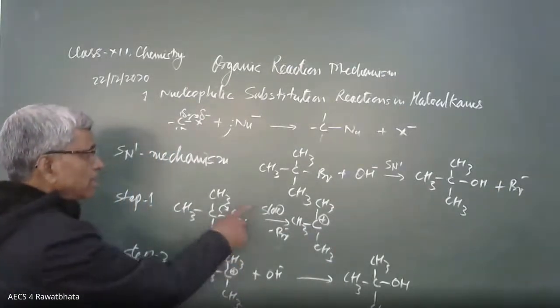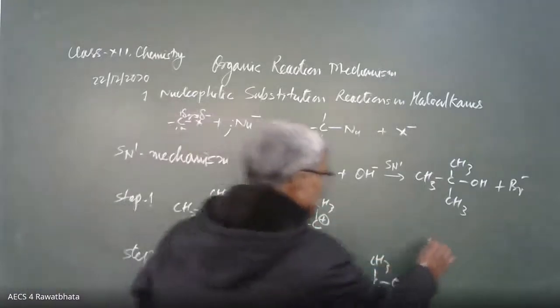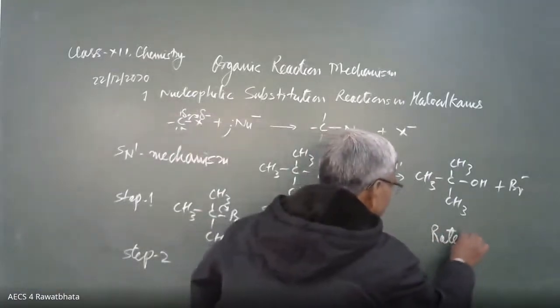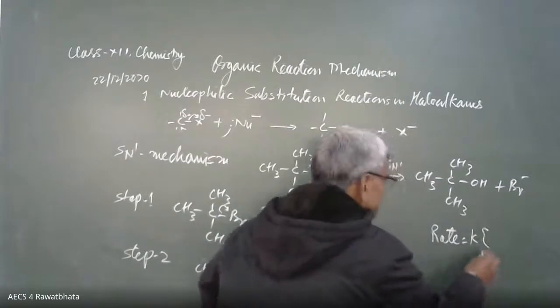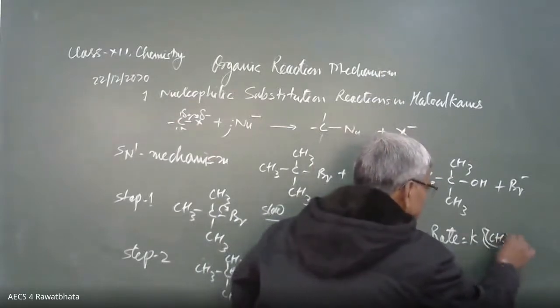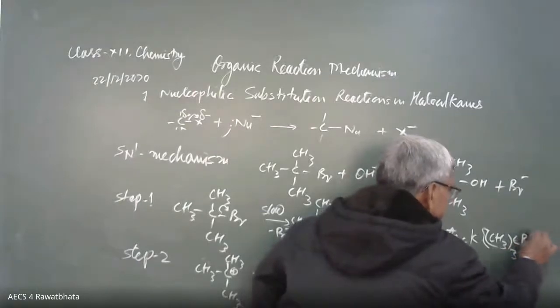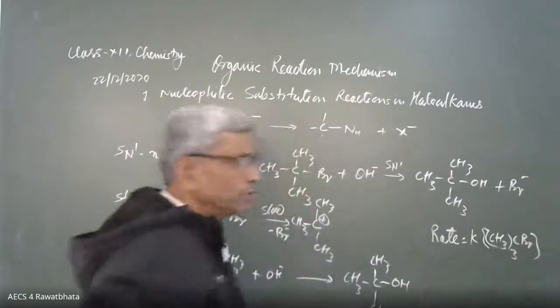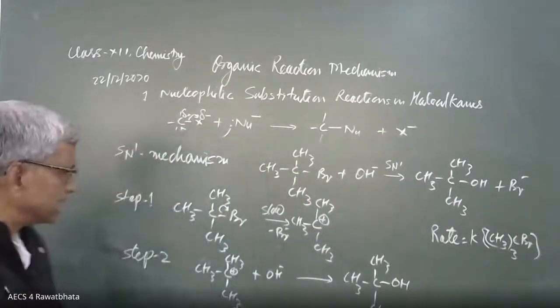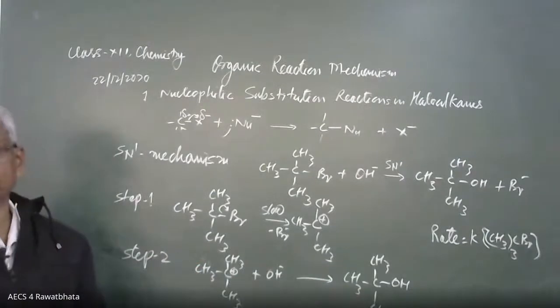This is the rate determining step. That's why the rate law for this reaction is rate equals K times the molar concentration of (CH3)3CBr. It depends on the concentration of one reactant, that is haloalkane, which is 3 degree.